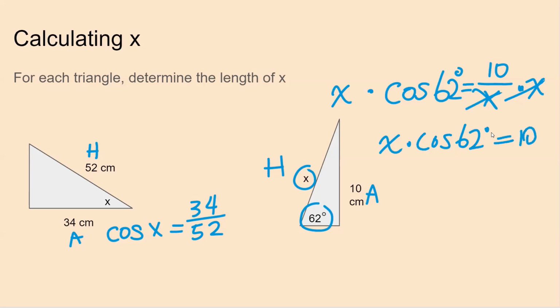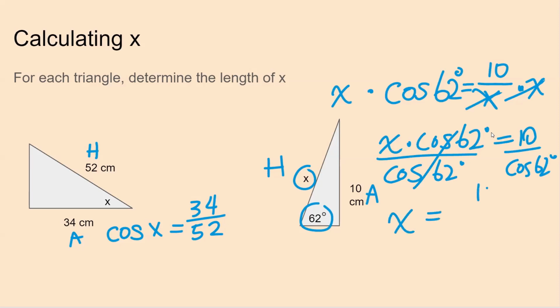Now this is a bit more manageable. You can just divide both sides by the cosine of 62 degrees, which will give you x is equal to 10 over the cosine of 62 degrees. Now we can put these in our calculator.